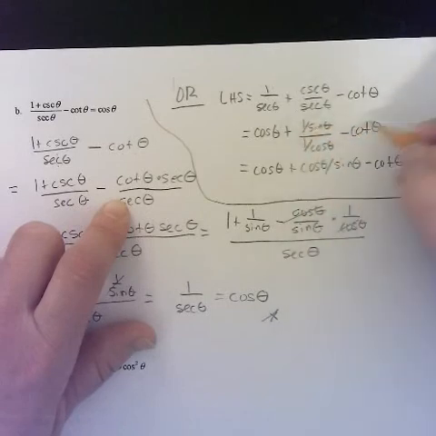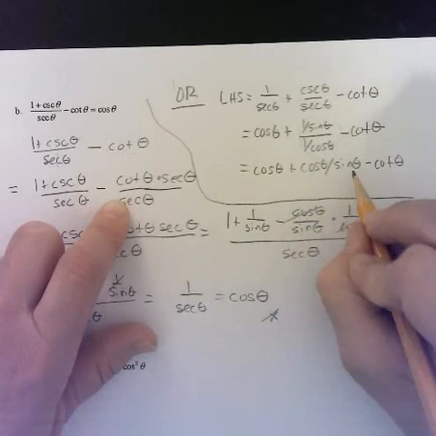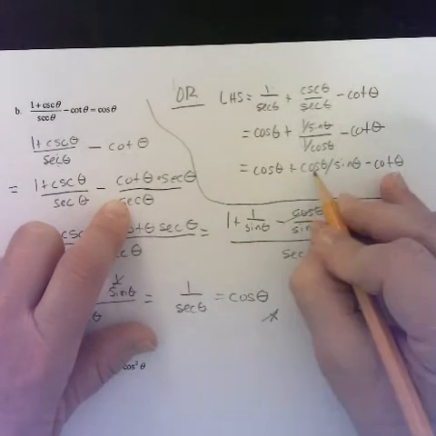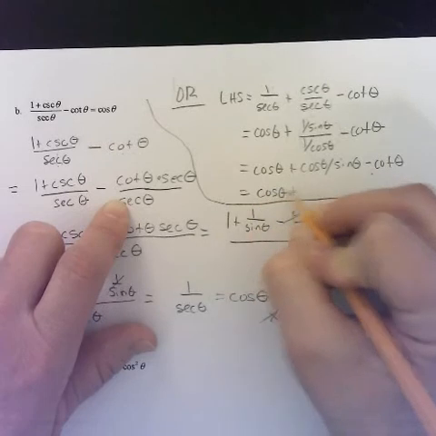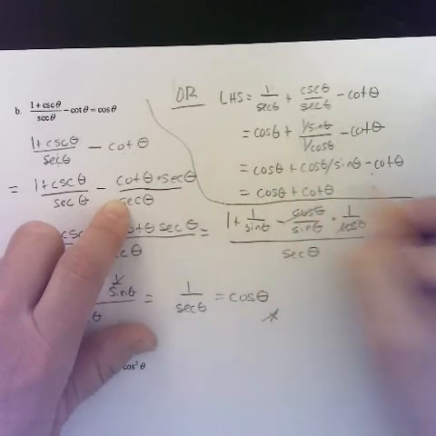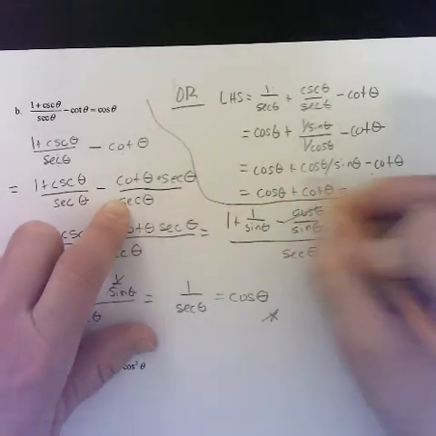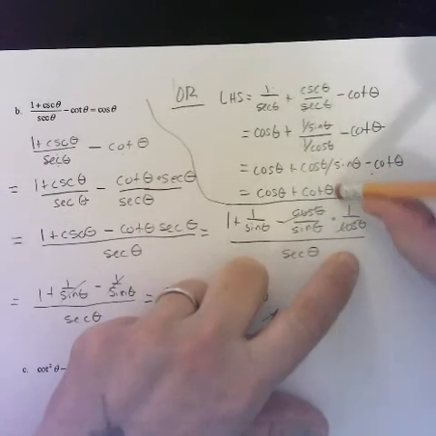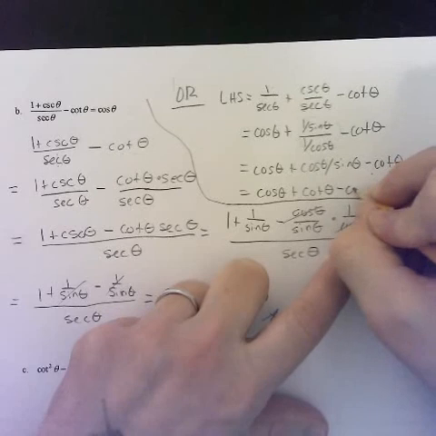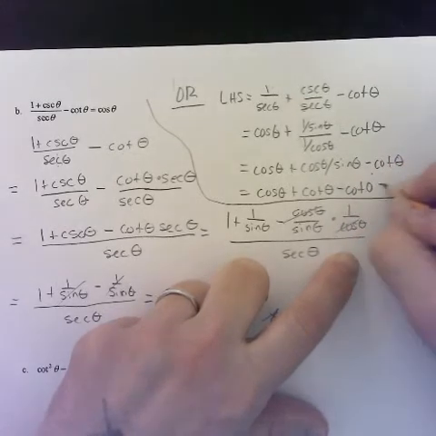You'll get cosine theta over sine theta. And notice this is cotangent theta. So notice I put this step in here even though I can see that these are going to cancel. I still put it in. These add up to 0, and I get cosine theta, which is the right-hand side.